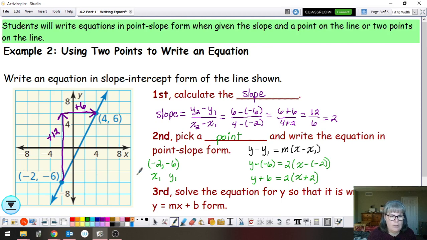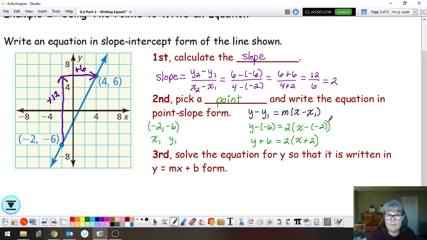So for our point, the x1 and the y1 were both negative, but in our equation, the sign for x1 and y1 are both positive. And that's because in our equation, we could read this as y and the opposite of y1, x and the opposite of x1. So that's how that is working out.